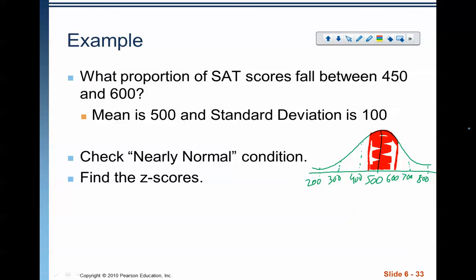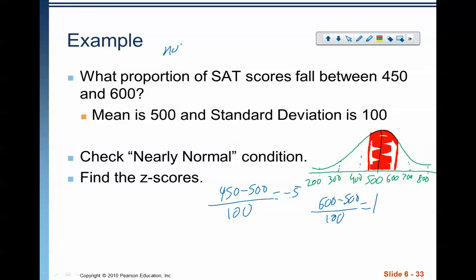So let's calculate the z-score for 450. 450 minus 500 over 100 gives me negative 0.5, right? 600, so we got 600 minus 500 divided by 100 should give us 1, right? That should make sense because 600 is 1 standard deviation away from it. So what we're going to type into our calculator then is the area between negative 0.5 and 1.